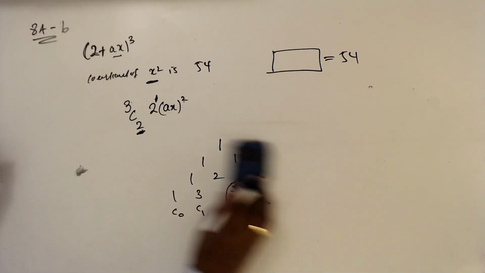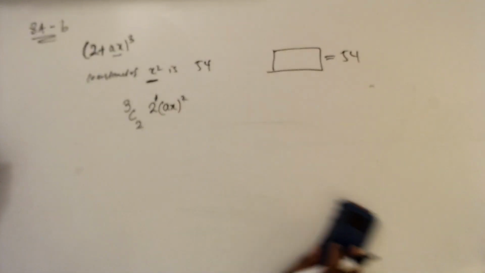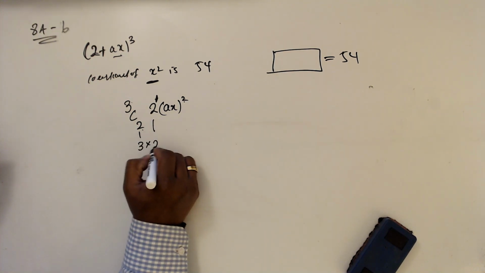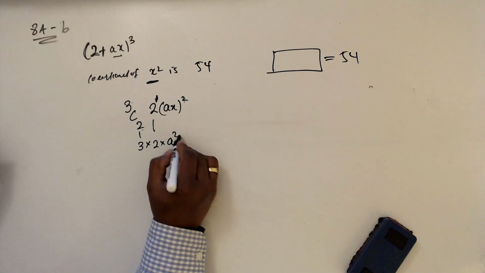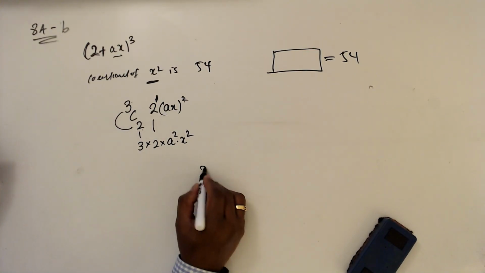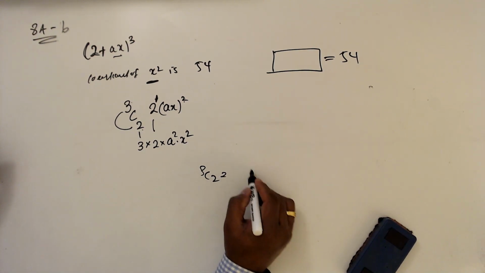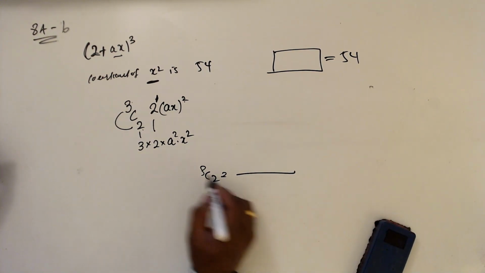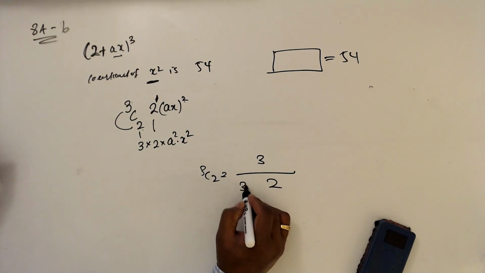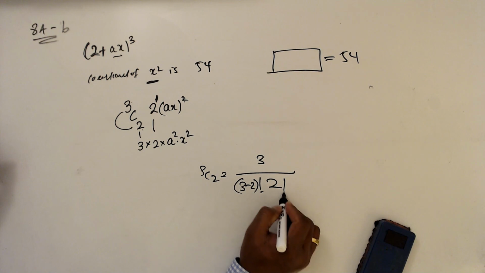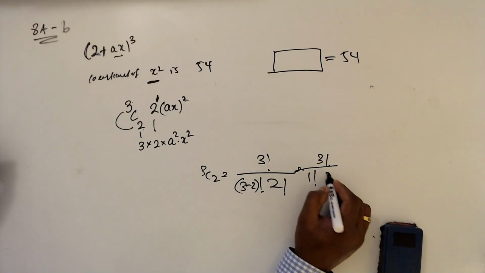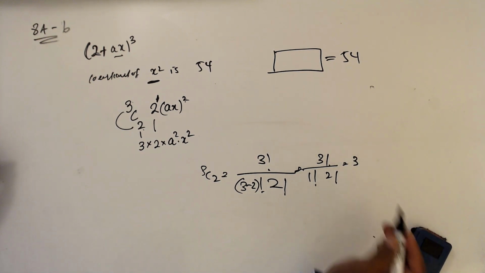So this value is 3, and this value is 2, and this is a square x square. If you don't know, you can find 3C2 like this as well. As usual, 3 goes up, 2 goes down, and the difference of those two is 3 minus 2, and take the factorial. Factorial 3 over factorial 1 and factorial 2, which is 3.